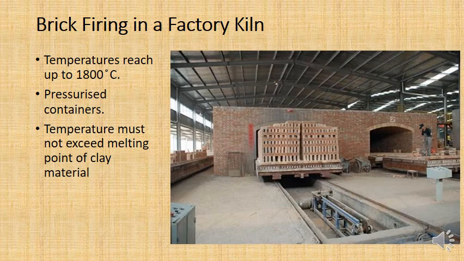Now, it's very important that you do not exceed the melting point of the clay material, otherwise things like metals will start seeping out of the clay. But for the most part, that's going to be above 2000 degrees Celsius. So at around 1800 degrees Celsius, we're basically reaching 2000 degrees Celsius. You start to reach the melting point.